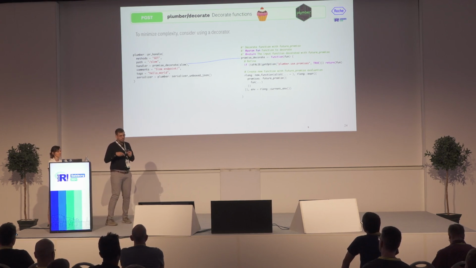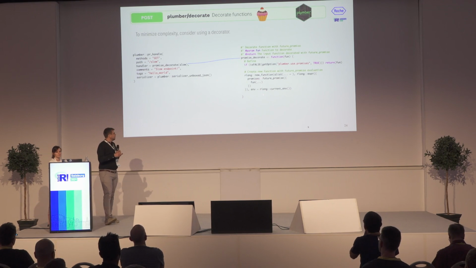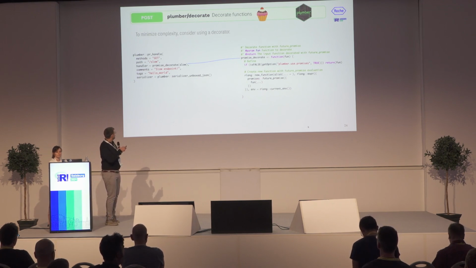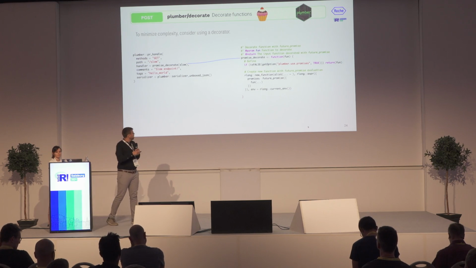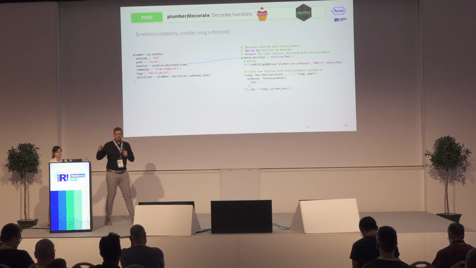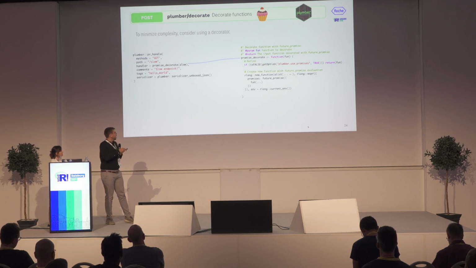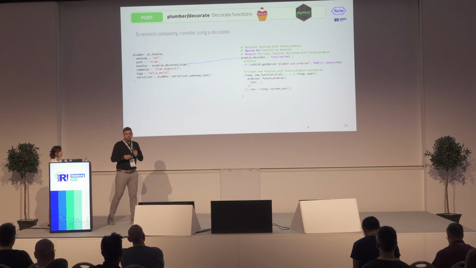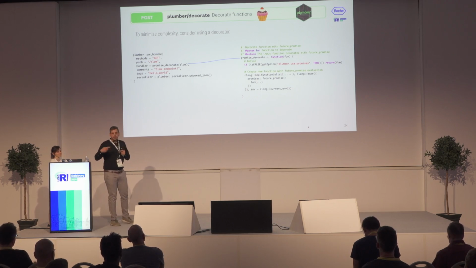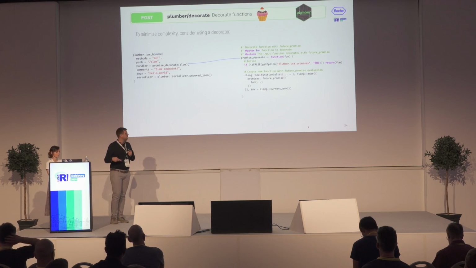This is a really advanced technique, but something like that is possible because we can apply to a slow function a decorator that, for a specific environment, for example only for production, will add promise evaluation. So it will be computed in parallel for Plumber.